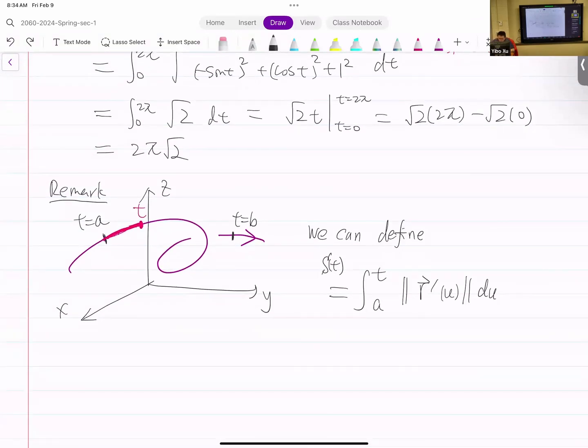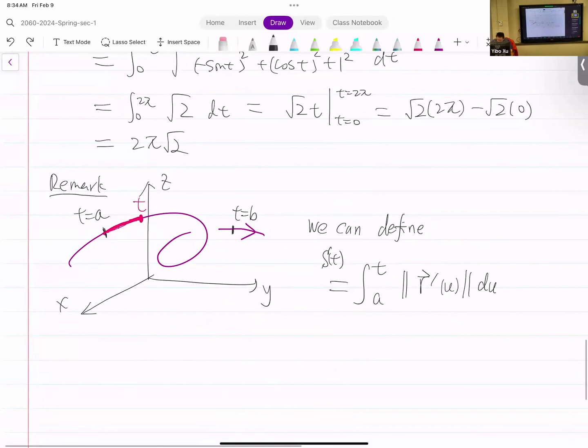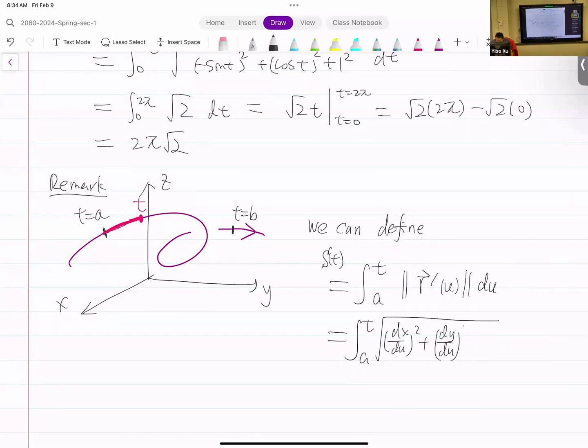That's exactly what we are doing right here. Okay? And if you want to put things explicitly, this is the integral from a to t, of course, of the square root of dx du squared plus dy du squared plus dz du squared. Here we're using u for the variable that we're integrating.